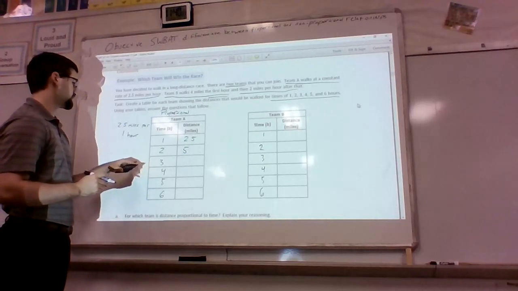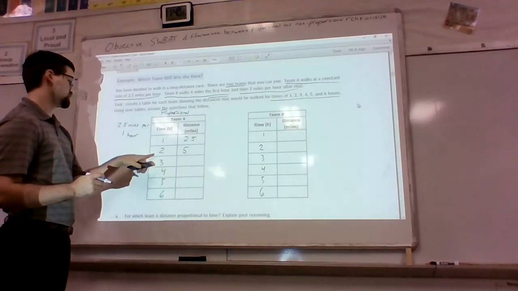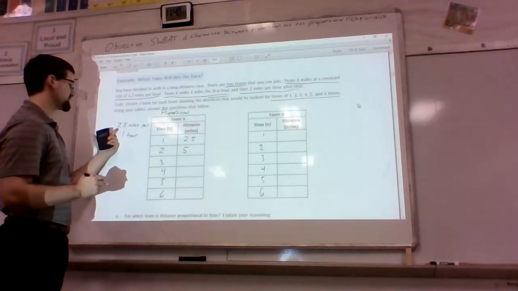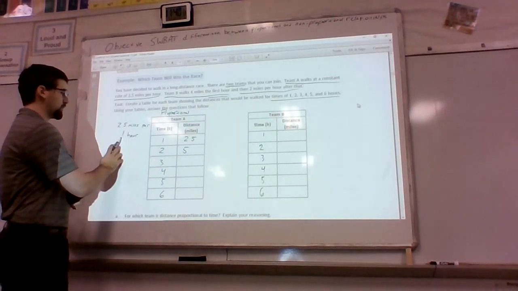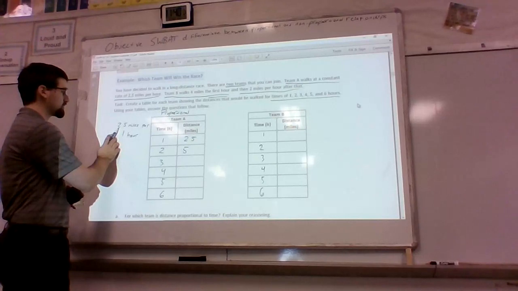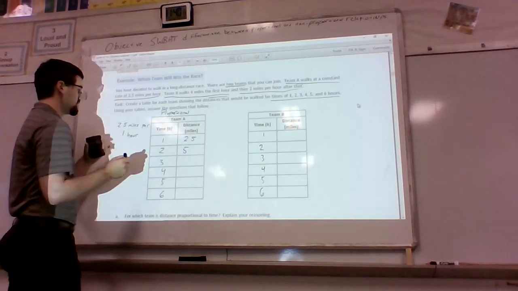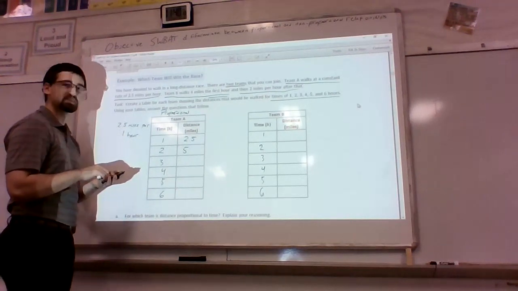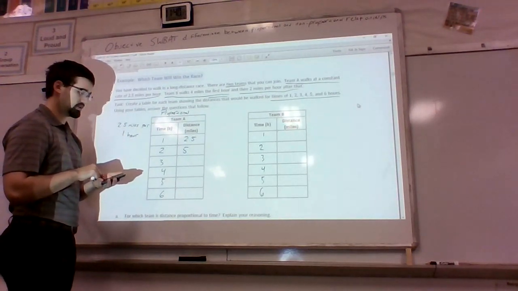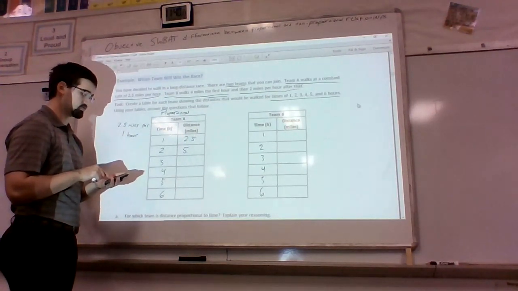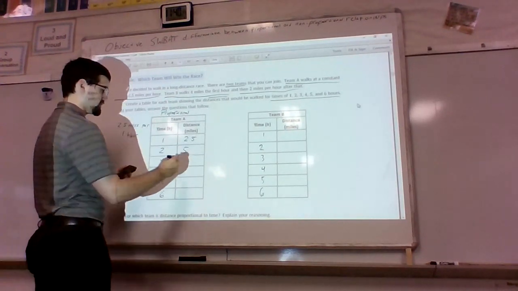Now 3 hours should be this 3 times, because we've walked in 1 hour 3 times, so we also need to walk 2.5 miles 3 times. 3 times 2.5 is 7.5.